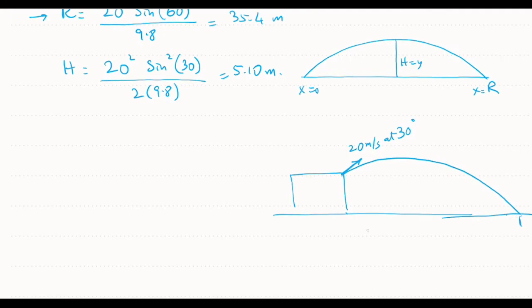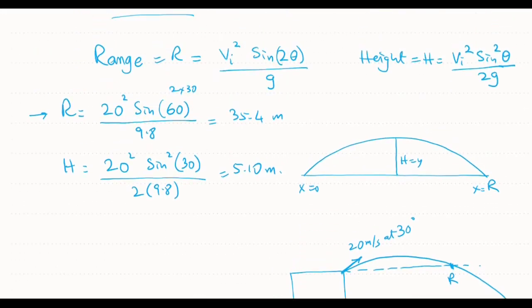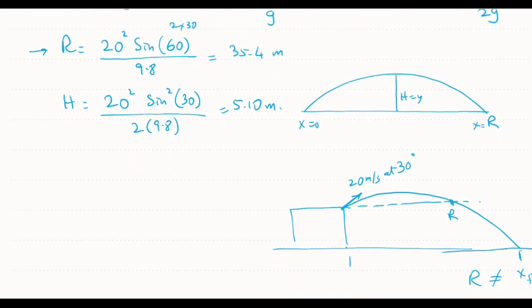So this distance is x final, and it is not equal to the range. The range would be up to here. This will be R. So in this equation, you have to be at the same horizontal level. So R would be from here to here, from initial to this point, but not x f.